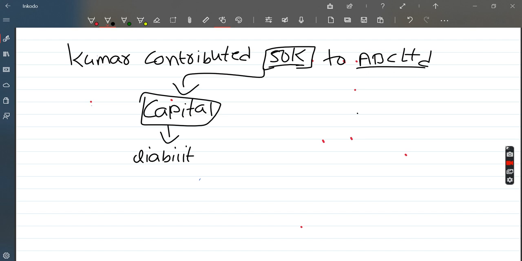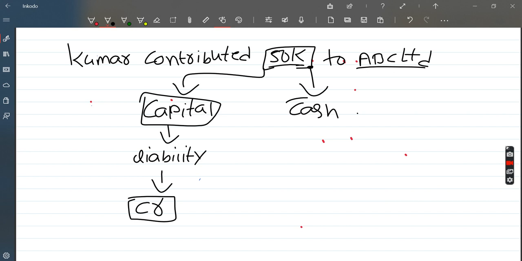Liability shows a credit balance. ABC Limited is also getting cash: the same 50,000 is capital, and ABC Limited is receiving it in the form of cash. Cash is an asset, and the asset is increasing, so debit it.